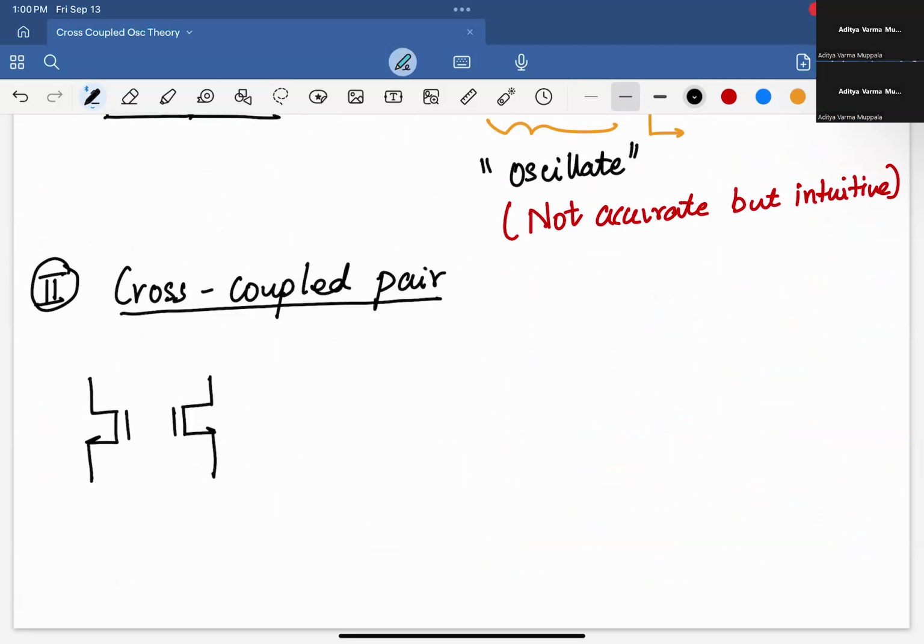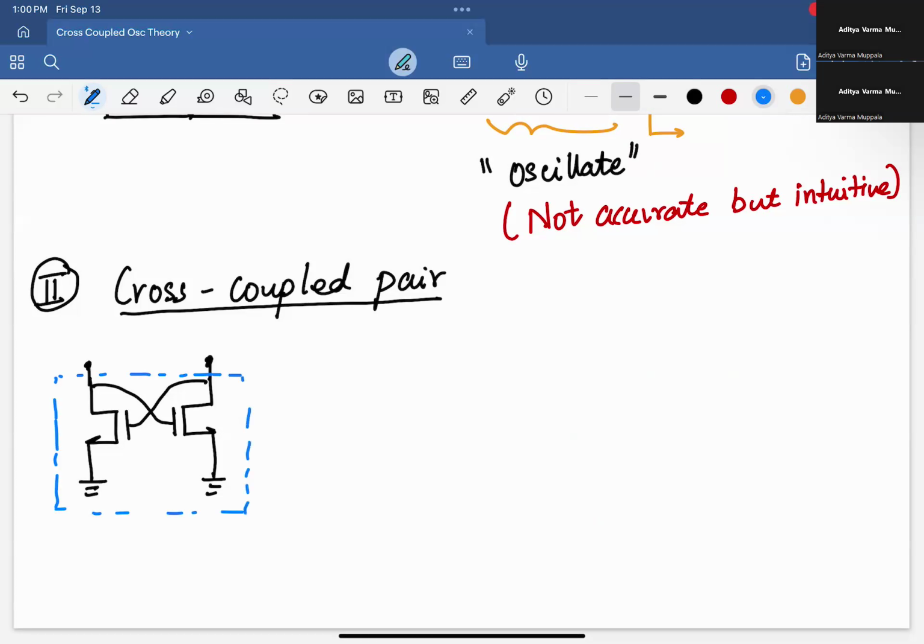Can do this for PMOS as well, but I'm just doing it for NMOS right now. This is grounded. And my question is, if this is inside a black box, what is the impedance looking into this box? We'll find out what that is.